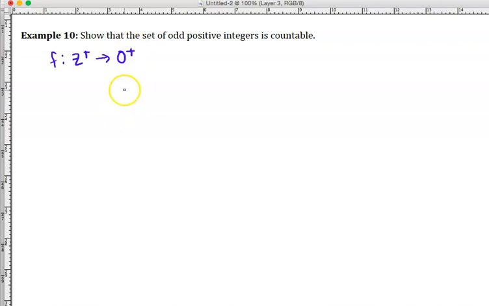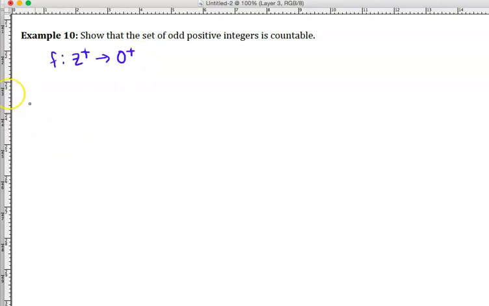If you can find a bijection between them, then these sets have the same cardinality, and because we know the set of positive integers has Aleph null cardinality, that's a theorem somebody proved, then the set of odd integers is countable.